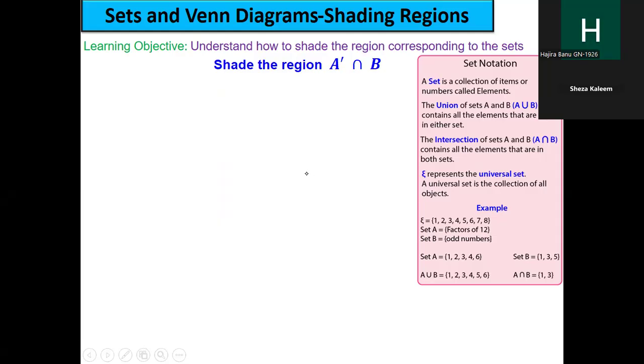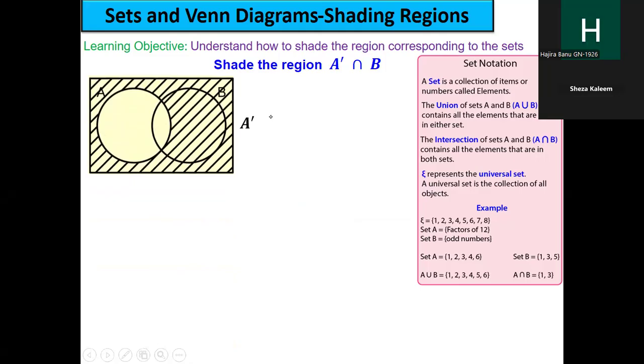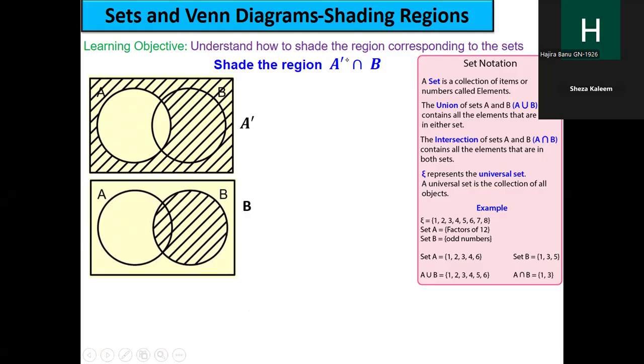Now shade the region A complement intersection B. So this is your A complement. I'm showing you first the individual shading and then we will see how they work together. Now set B is this. A complement intersection B means what is common between them?